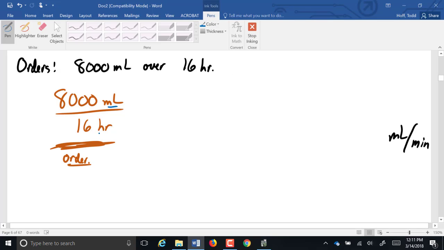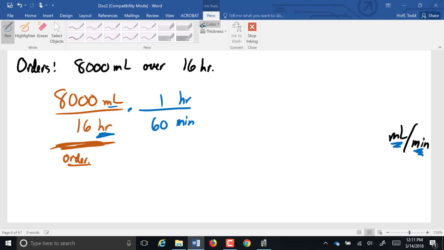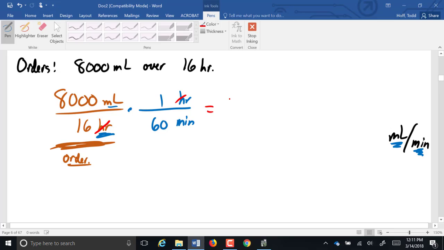Right now we have milliliters per hour. We want milliliters per minute. So we have to get rid of the hours. Since the hours are on bottom, we put them on top. 1 hour is 60 minutes. The hours cross cancel.